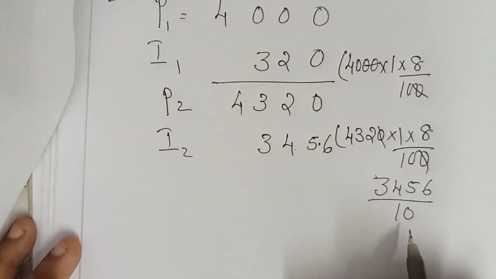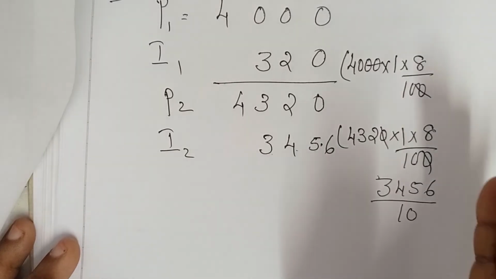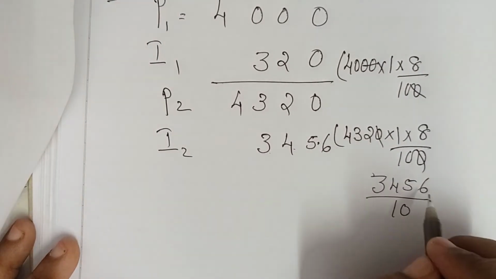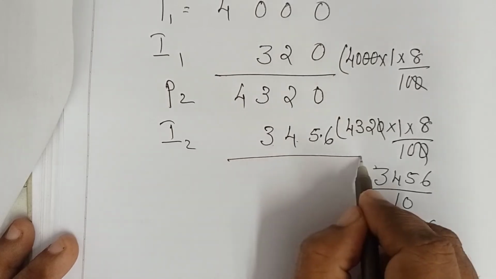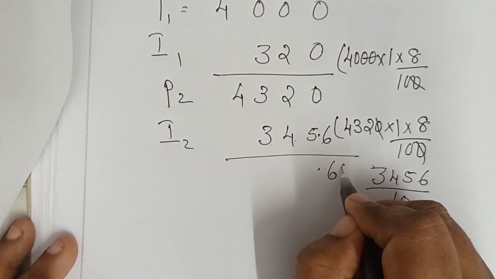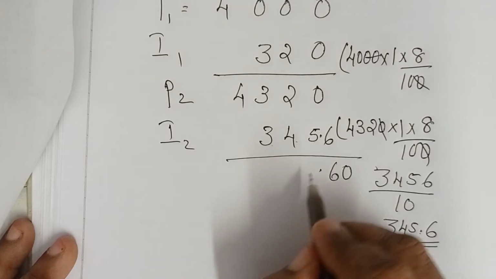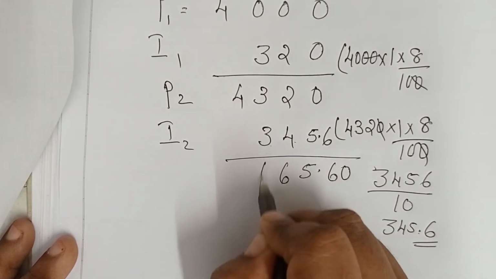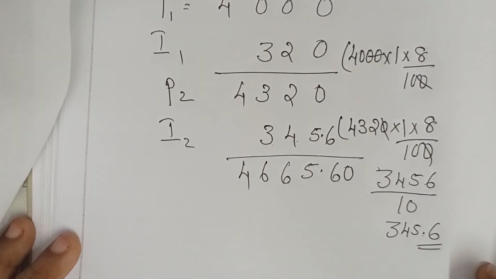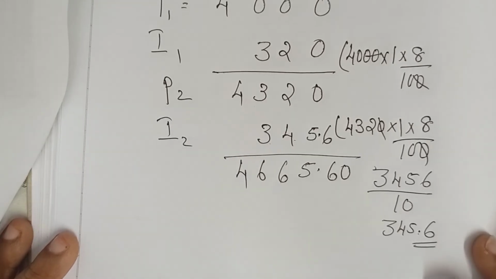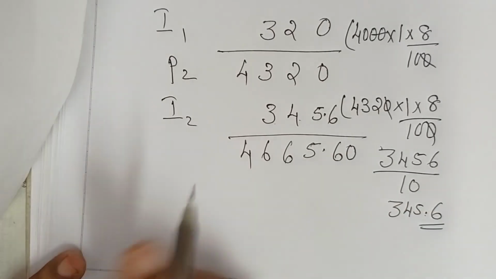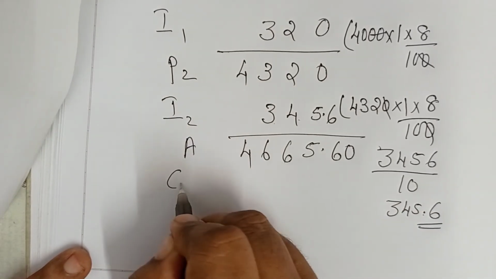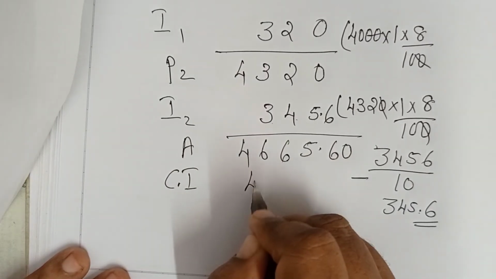When you divide a number by 10, change the decimal from right to left. Therefore, 345.6. That means after the decimal, only 1 point. On adding 0.6, this is rupees and paise. Therefore, 60 paise. The amount is 4,665.60. Then this is only the amount. Then what is CI? Minus 4,000.